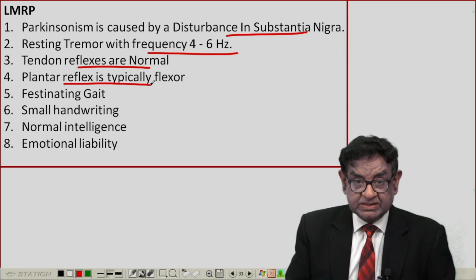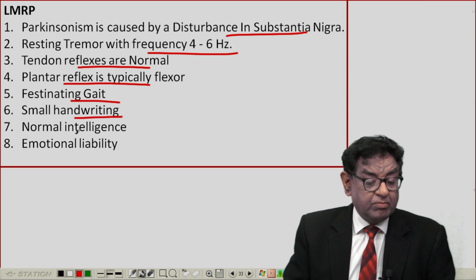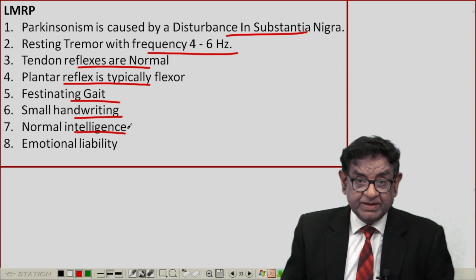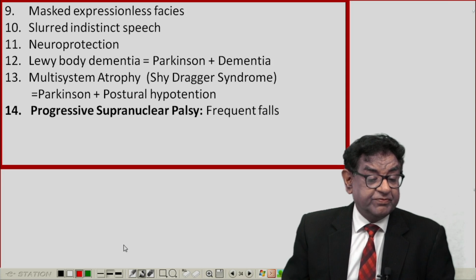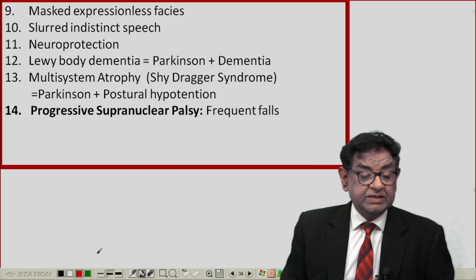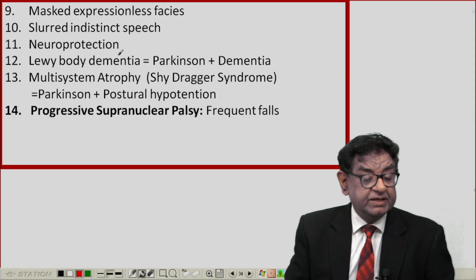Plantar reflex is typically flexor. Festinating gait. Small handwriting, so-called micrographia. Normal intelligence, but in Lewy body dementia, intelligence may be impaired. Emotional lability is very common in these patients. Depression is very common. Marked expressionless face is there, and slurred or indistinct speech is there, so-called monotonous speech.